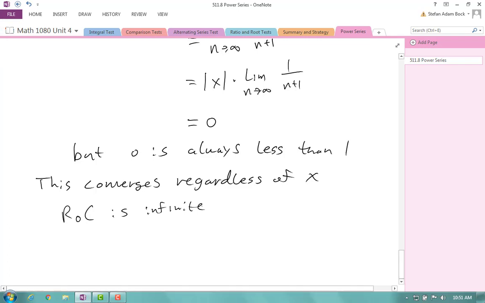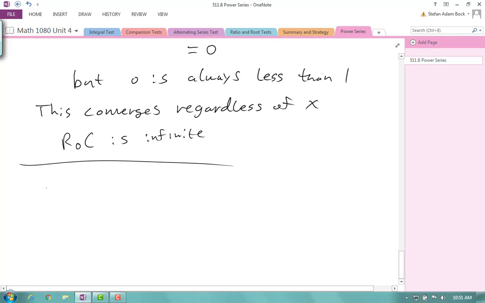On the other hand, if I took this to the opposite extreme, we'll have the sum from n equals 0 to infinity of x plus 4 to the n times n factorial. I'll multiply instead of divide by n factorial. Maybe the opposite will happen.